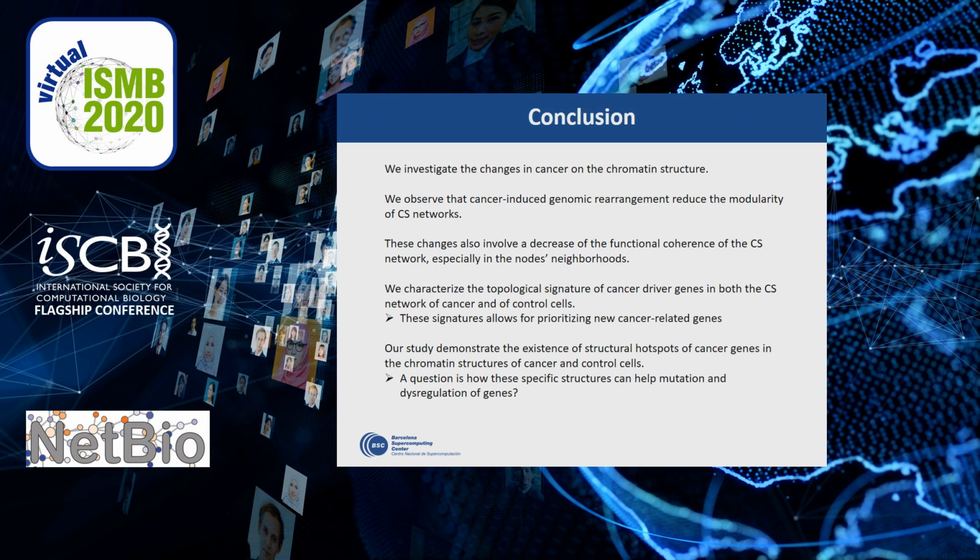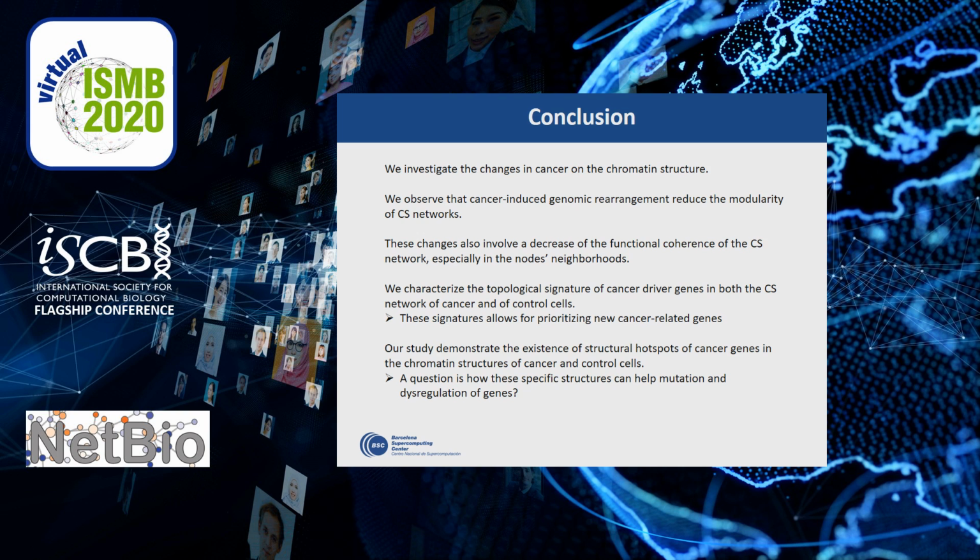So the conclusions. In this study, we investigated the changes in cancer on the chromatin structure. We observed that the cancer-induced genomic rearrangement reduces the modularity of the chromatin structure network. We show that these changes involve a decrease in the functional coherence of the chromatin structure network, and especially in the node's neighborhood.